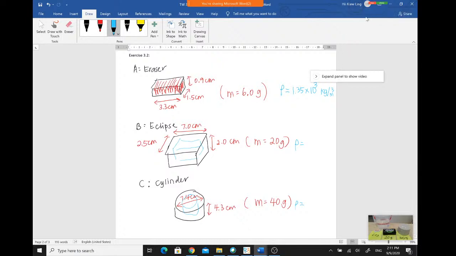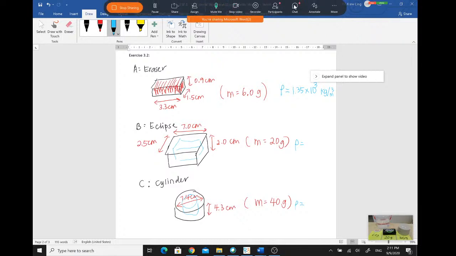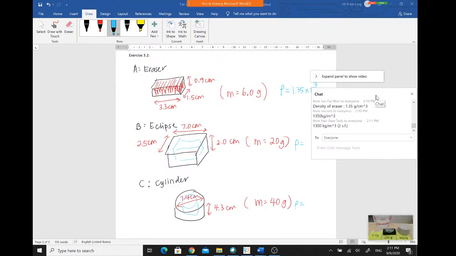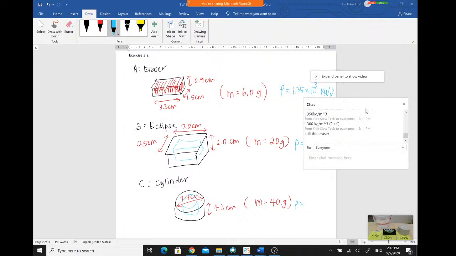Thousand three, huh? Is this for the eclipse? Or still the eraser? Okay, so around 130 or 1350. Okay, we'll just make it to two, then it's okay, just put it to 3 decimal point. To 3 significant figures.